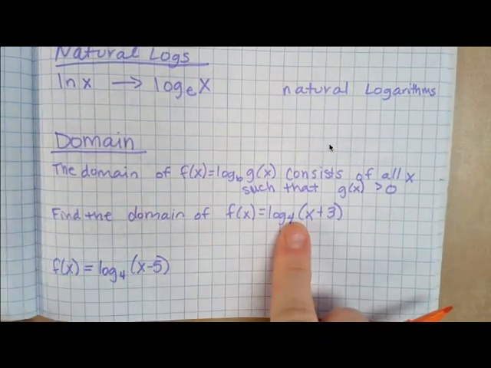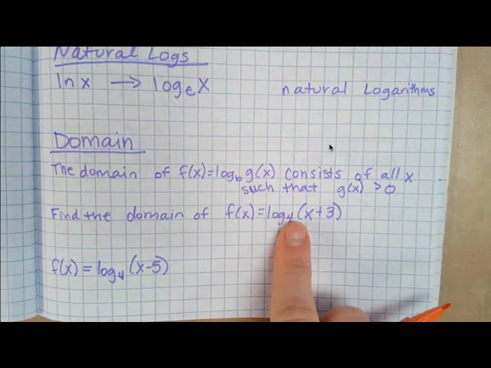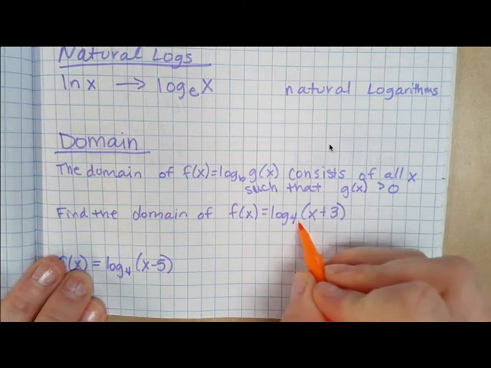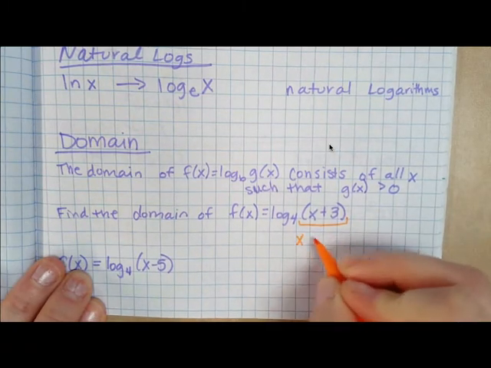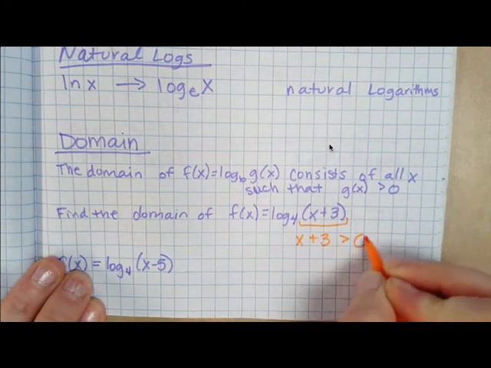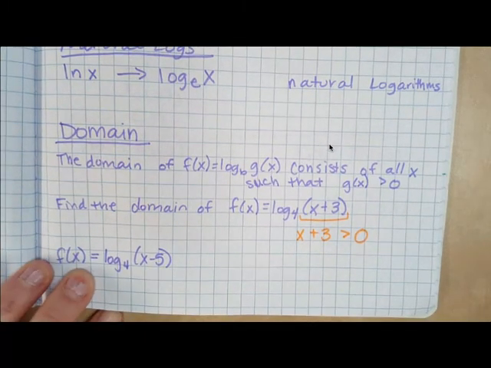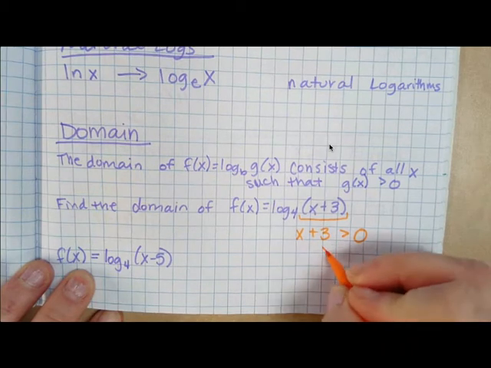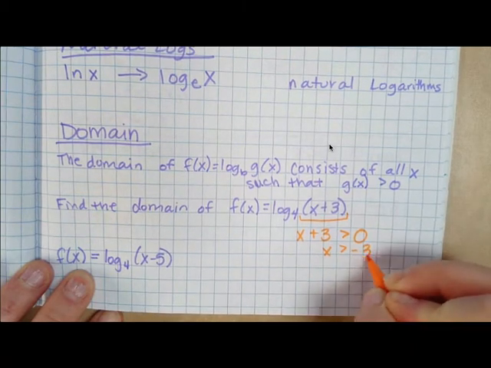So if we are finding the domain of f of x equals log base 4 of x plus 3, the way that you could do your domain is just look at this. X plus 3 has to be greater than 0. So then if you move 3 to the other side, you get x has to be greater than negative 3.